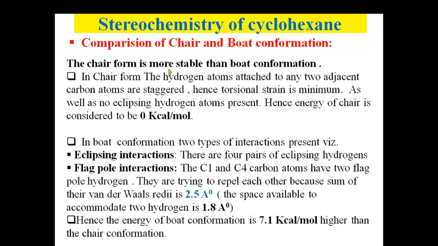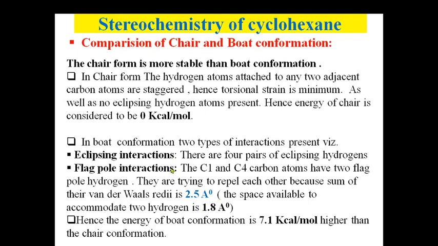Okay, so the chair form is more stable than the boat conformation because in the chair form the hydrogen atoms attached to any two adjacent carbon atoms are staggered, obviously that we have seen, and torsional strain is minimum, as well as no eclipsing hydrogen atoms are present, and hence the energy of the chair conformation is considered to be 0 kilocalorie per mole. But in the boat conformation, as already discussed, there are 4 pairs of eclipsing interactions as well as flagpole interaction present.